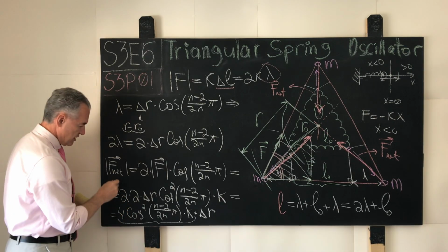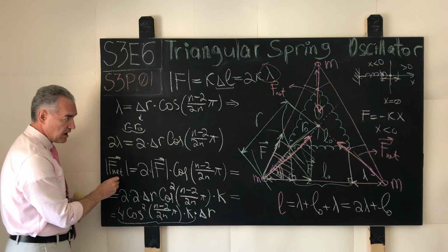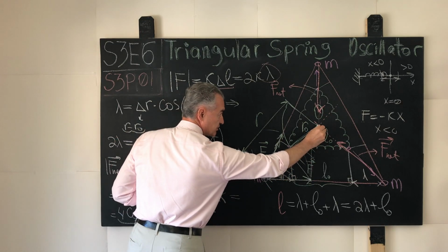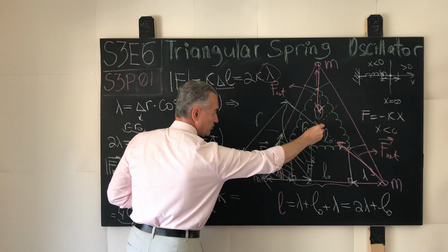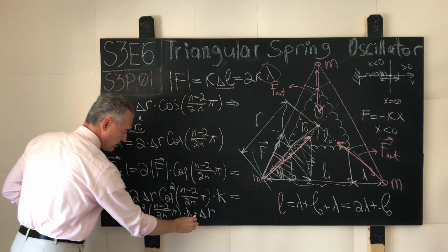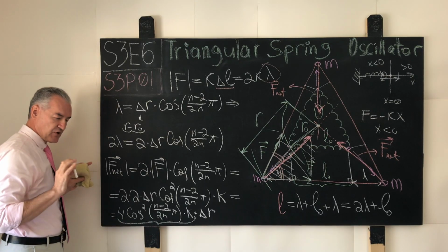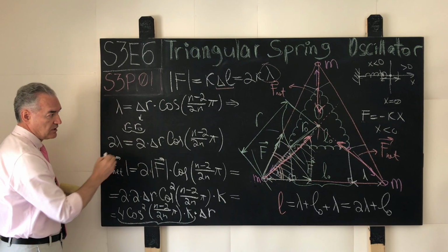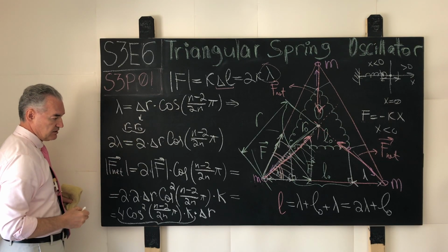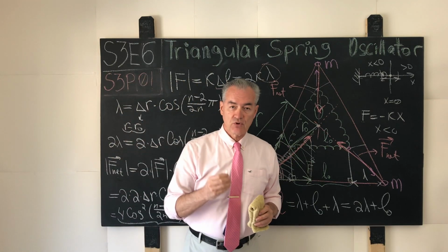In other words, the net force, purely mathematically, can be modeled with a virtual spring which is attached to the circumcenter of the parent equilateral triangle and runs this way, connects this point, and this is the constant of this virtual spring. And now let me take a short break, erase this material, and make the results that we obtained so far more readable for your convenience, guys.